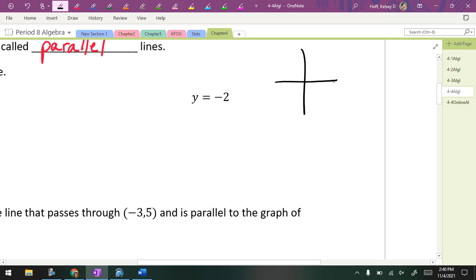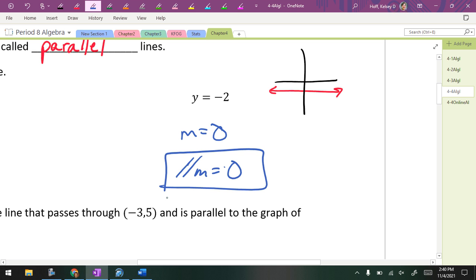It crosses the y, so it's horizontal. What's my slope? 0. So my parallel slope is 0. Technically, you could write this as y equals 0x minus 2.